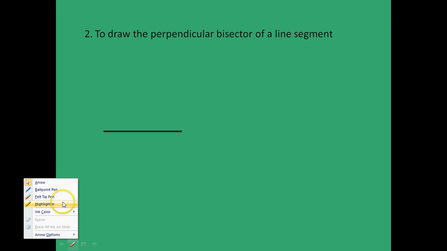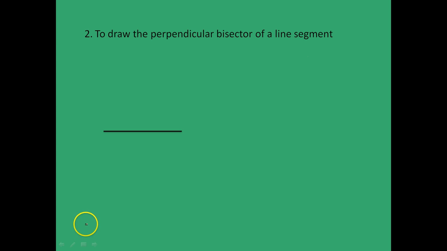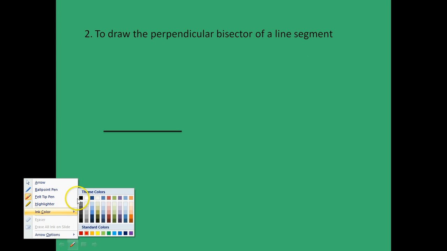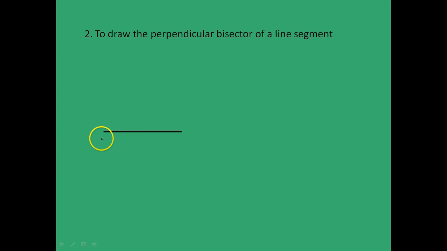Next, we will look at how to draw the perpendicular bisector of a given line segment. Say this is the given line segment AB, and let's see how we draw the perpendicular bisector of AB.